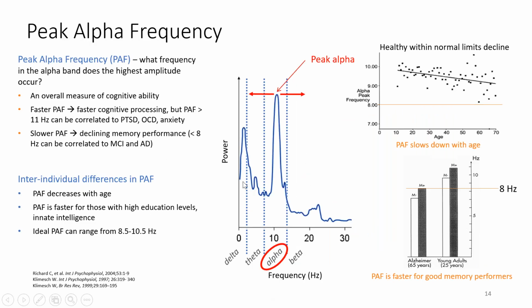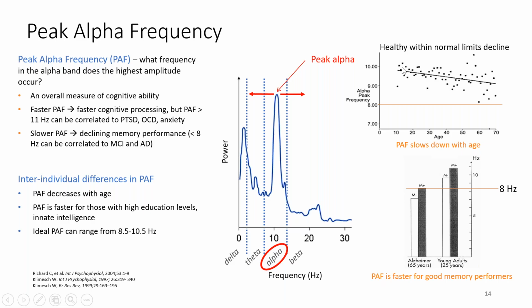So it's one single measure that has very, very useful applications for tracking patients over time. So you see in the upper right-hand corner that there's a red line I drew across at 8 hertz right here. When you start getting a peak alpha closer to 8 hertz, people are going to start having some memory problems.